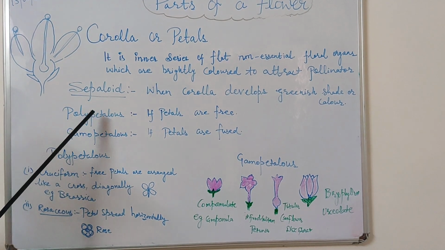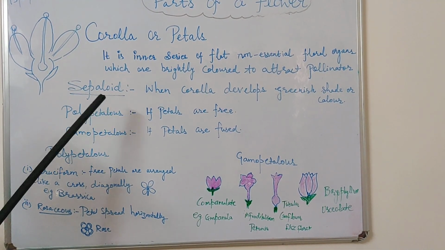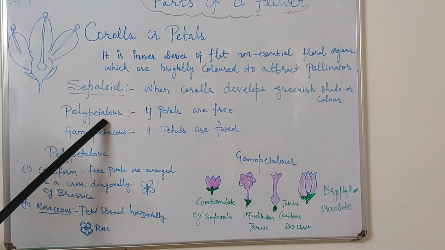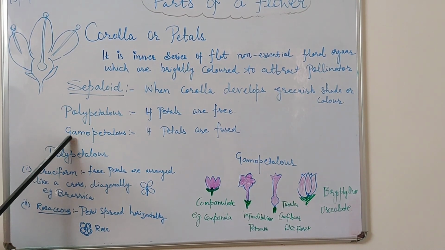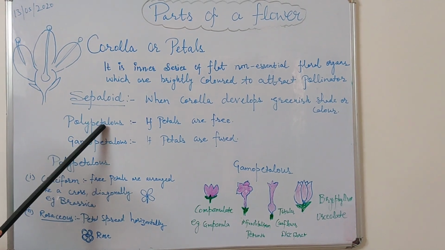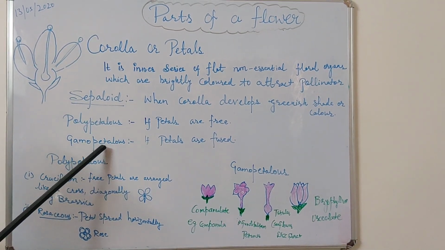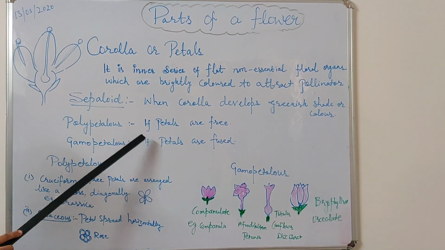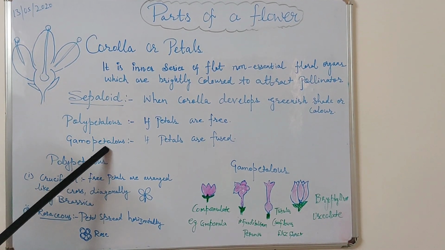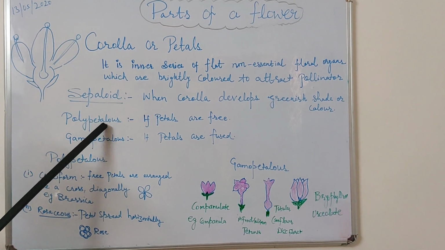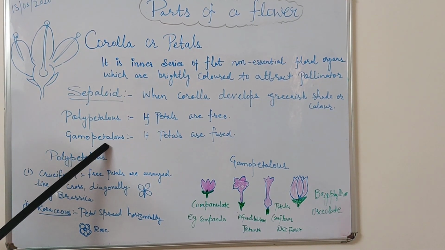Corolla is called polypetalous when petals are free, not fused, and it is gamopetalous when many petals are there but petals are fused. So polypetalous and gamopetalous flowers are classified on the basis of their petals being free or fused.